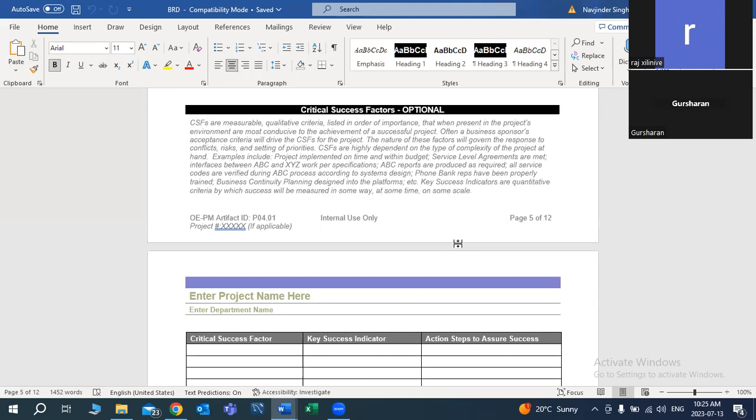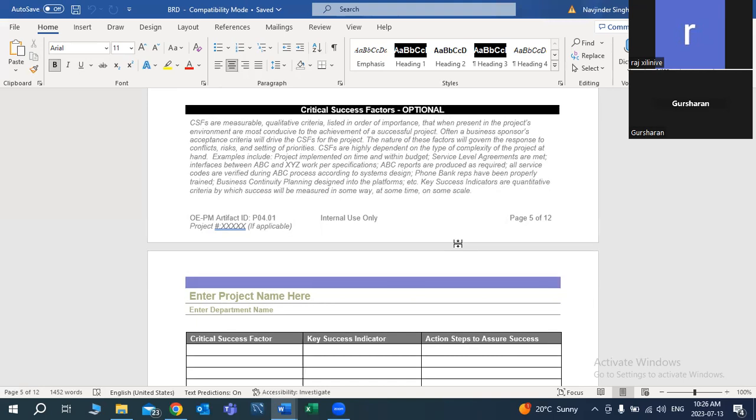It could be proper integration with the inventory management system. It could be proper integration with the payroll management system of the employees who are using the systems, so that their log details will be updated subsequently. All these things come under critical success factors.